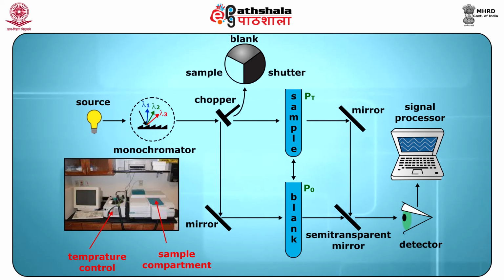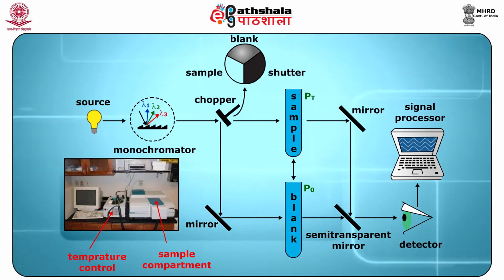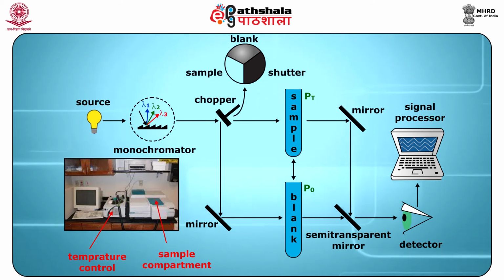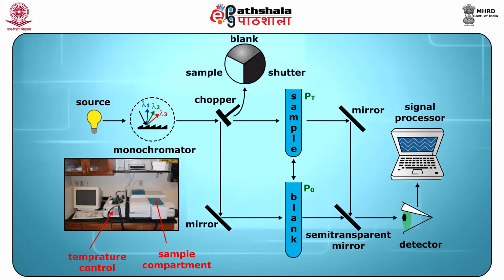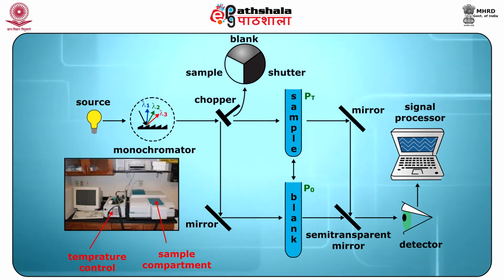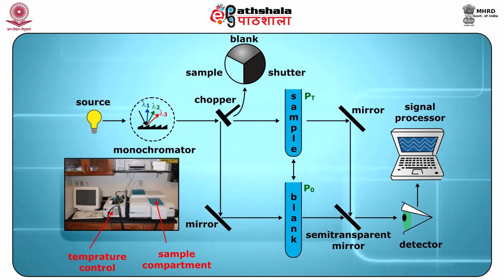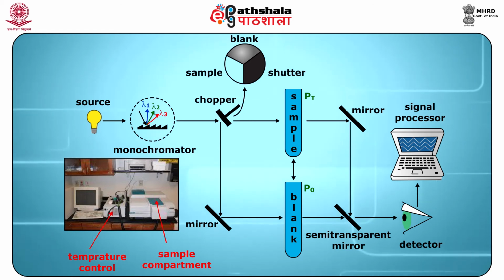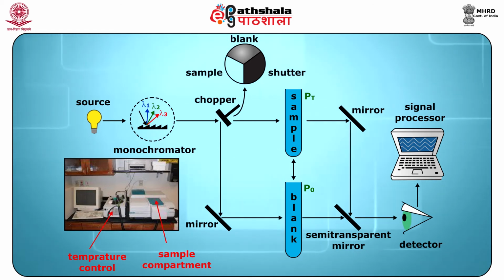The radiation's path is controlled by a chopper, which alternates it between the sample, the blank and a shutter. The chopper's known speed of rotation is used by the signal processor to resolve the signal reaching the detector into the transmission of the blank P0 and the sample PT.